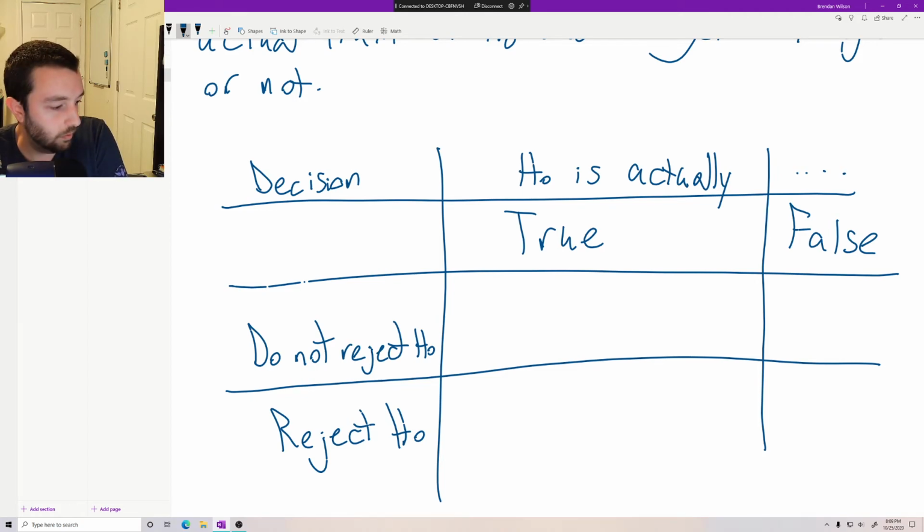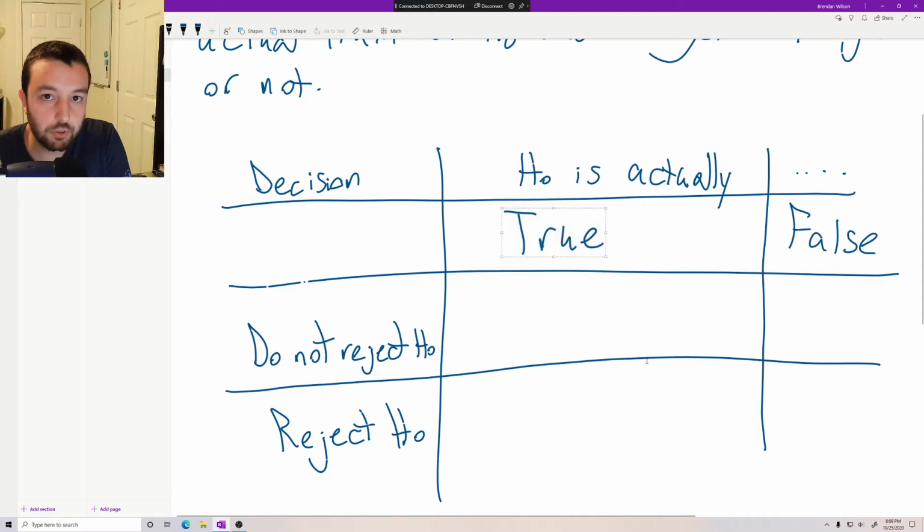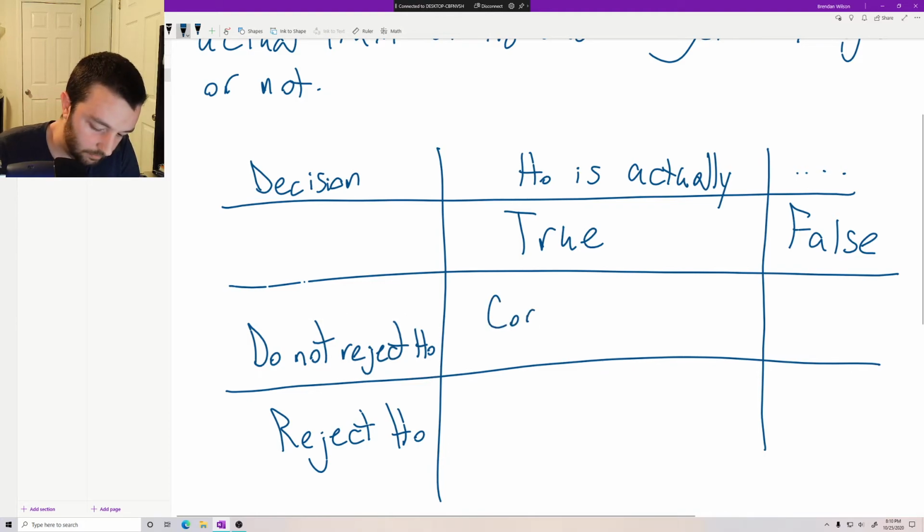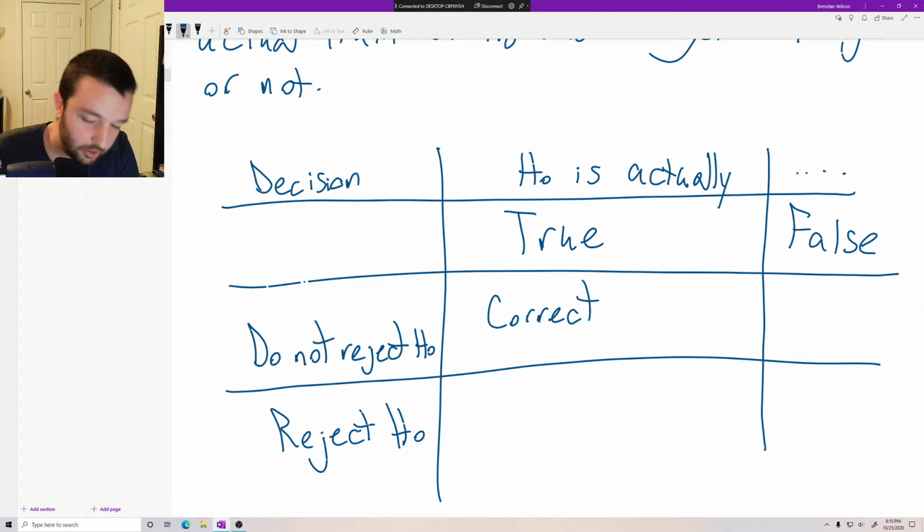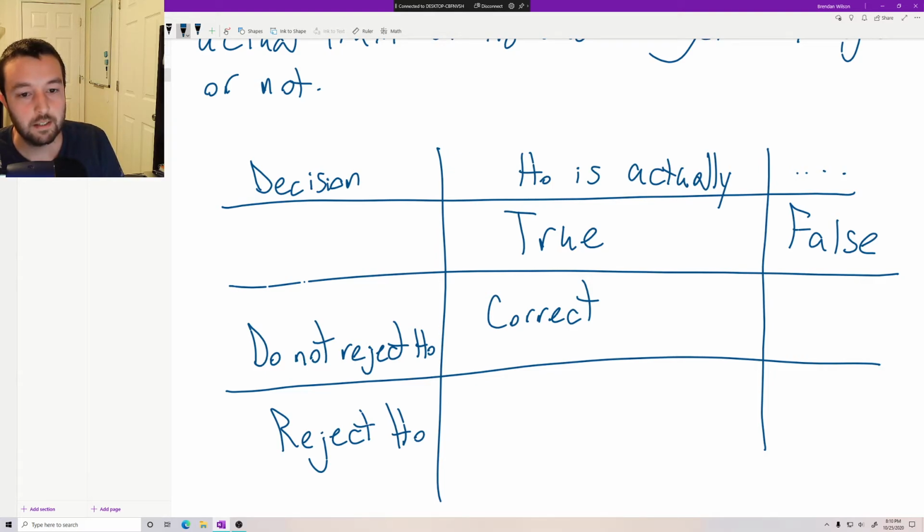So what are the possibilities here? Well, if H naught is true and we do not reject it, then that's a good thing, right? This would be a correct outcome. Okay. I'll just write correct. If we make the decision to not reject it and it ends up being true, then that was the correct thing to do.